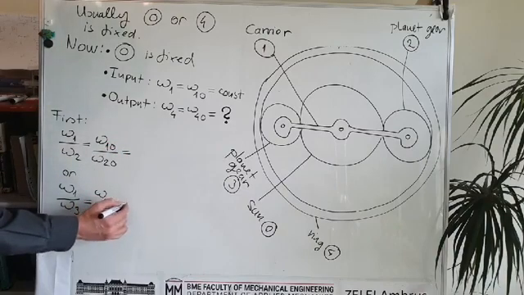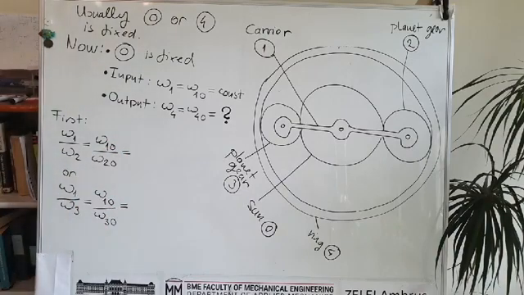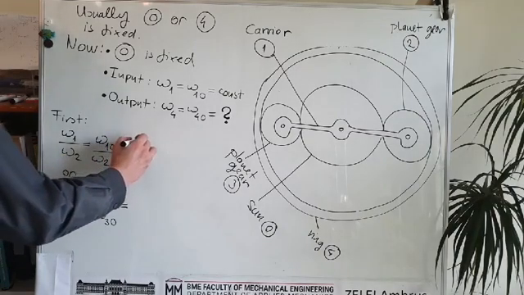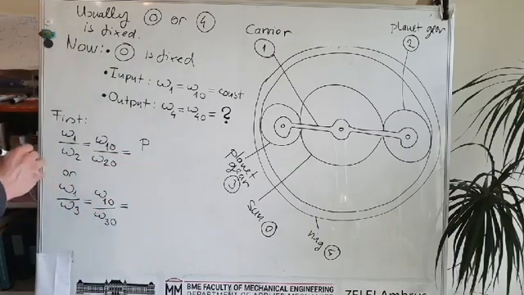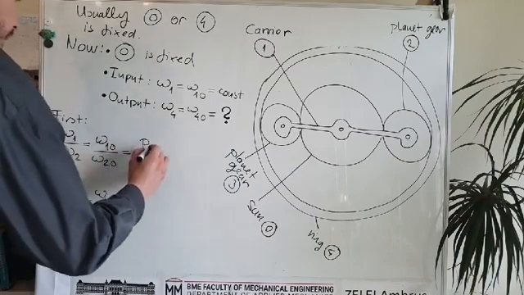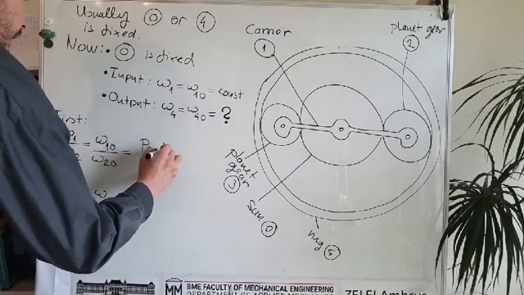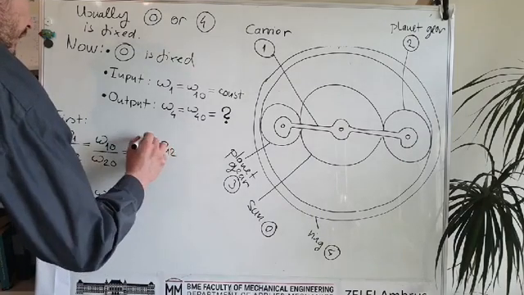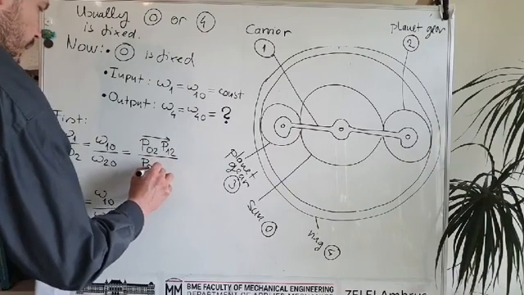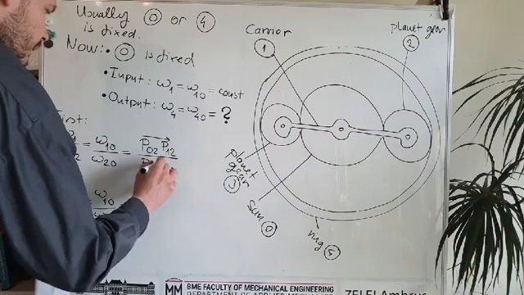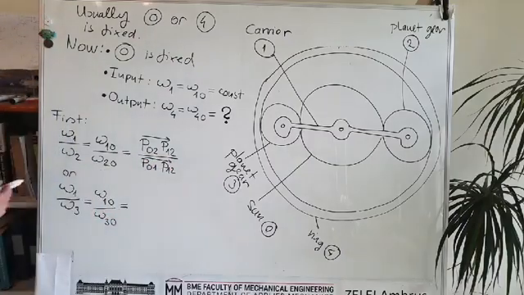And then by using the formula we will see that omega 1 over omega 2 will be equal to P02 P12 distance over P01 P12 distance. Okay, this is what our formula says.